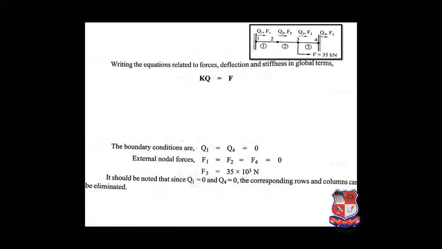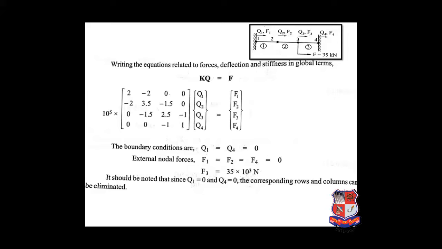Now as per the potential energy method rules, we have to find KQ is equal to F. Due to that, we can find the unknown displacements, meaning Q2 and Q3. We know that Q1 and Q4 are equal to 0. So we cannot find them, but we can utilize that for the reaction purpose. Let's start.